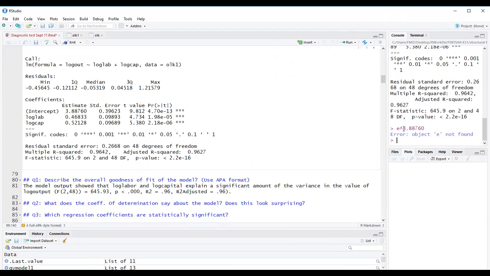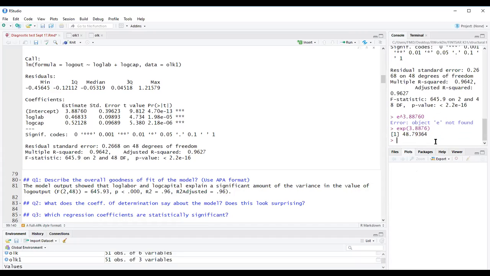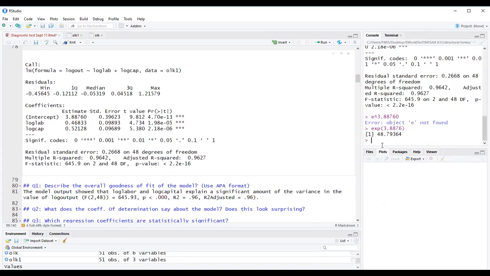Okay, mali. EXP. Kala ko nasa Excel ako, hindi, nasa R pala ako. Okay. Kuha nyo, guys. 48.7963. Kaya ito, guys, yung sinabi ko.